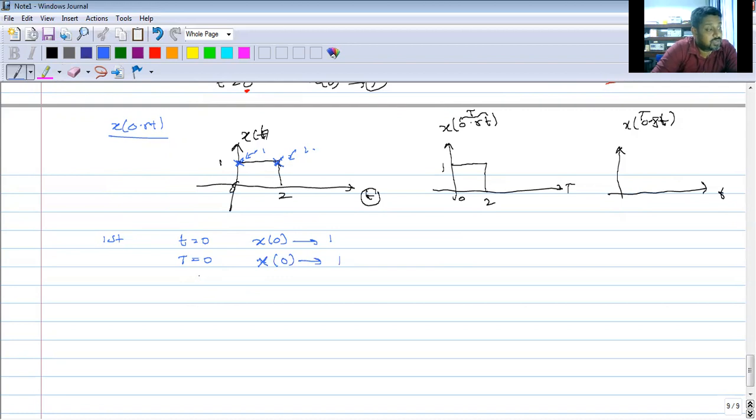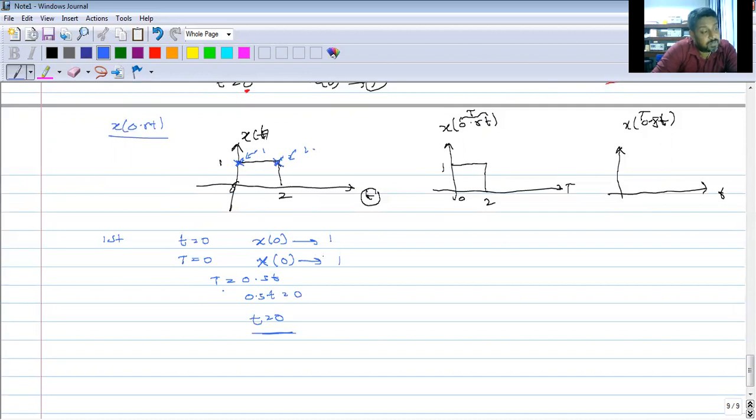Okay, so now we want to plot x(T) with respect to t. So here capital T is equal to 0.5t. Capital T equal to 0 means we can equate this to 0. That means we will get 0.5t is equal to 0 and t is equal to 0.